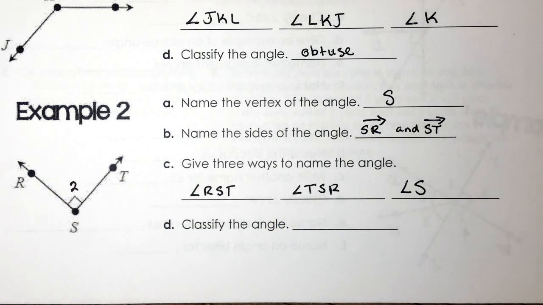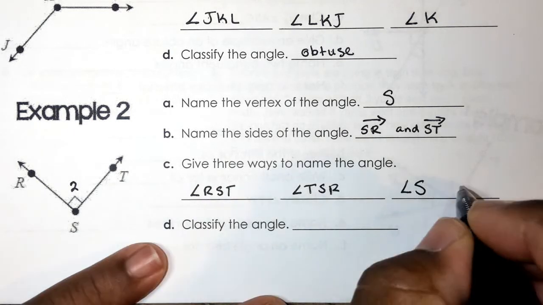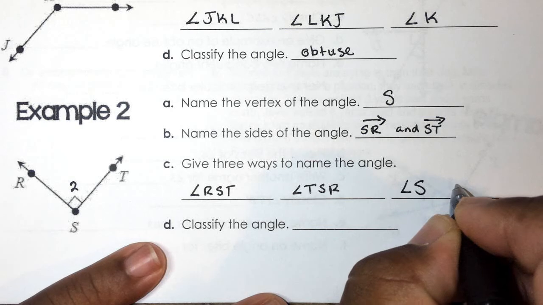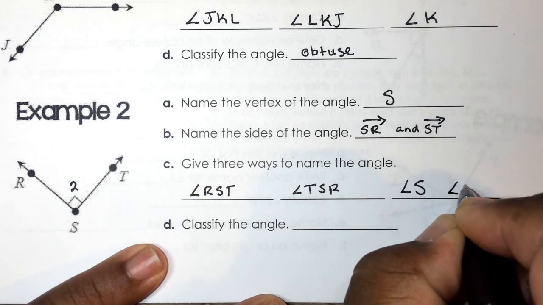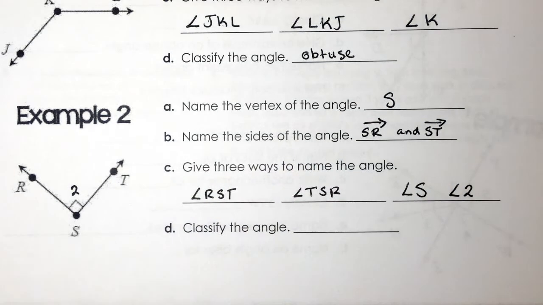It's going to be rare that they do, but sometimes they do. You can name that angle using numbers. So if they have a number there and no letters, the number where the angle is formed, you could call this angle 2. That's just an additional piece of information for you to have. You'll see it from time to time.